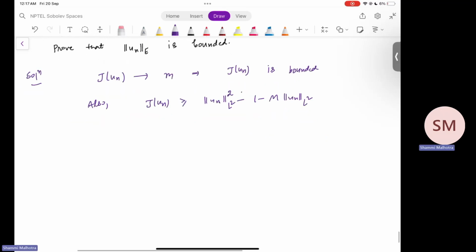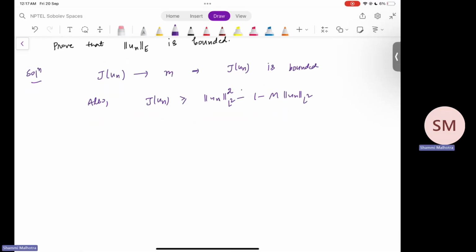We have this thing. Since J1 is bounded, what does this imply? This implies that the L2 norm of un squared minus 1 minus m times the L2 norm of un has to be bounded by some m1.